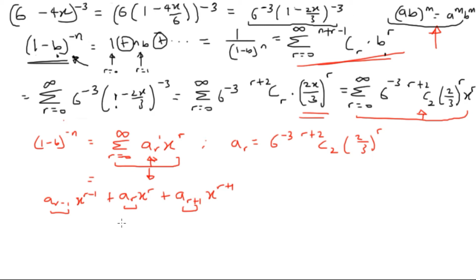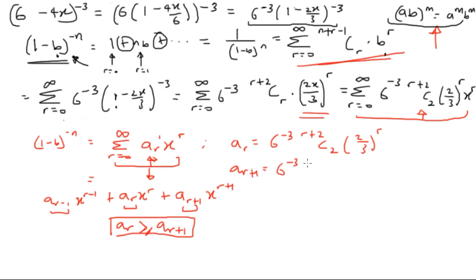So if I assume that a_r is the greatest coefficient, it will mean that a_r is greater than or equal to a_(r+1), and greater than or equal to a_(r-1). Now if this is my a_r, then my a_(r+1) will be equal to 6 raised to power minus 3.